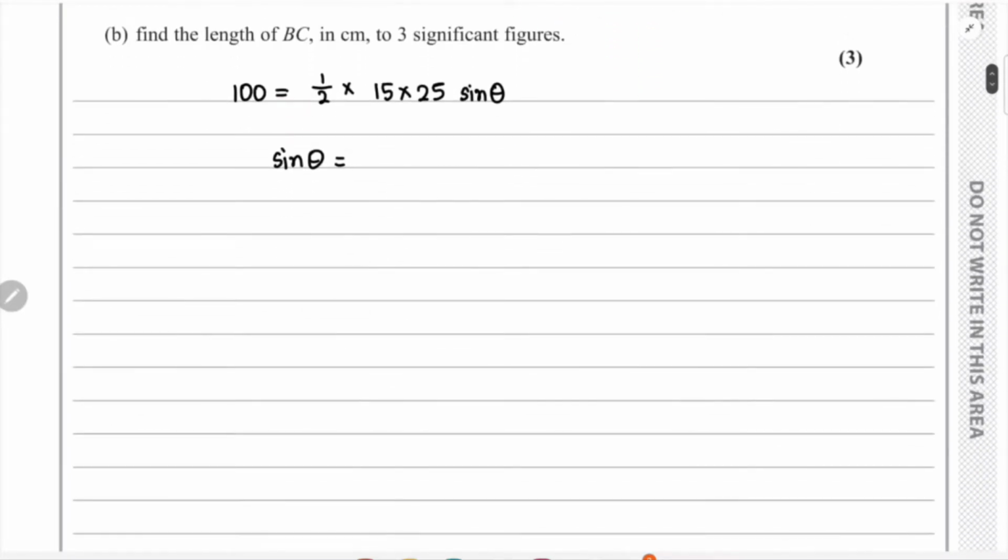So the value of sine theta would be 100 divided by 1 by 2 into 15 into 25, so 8 by 15.